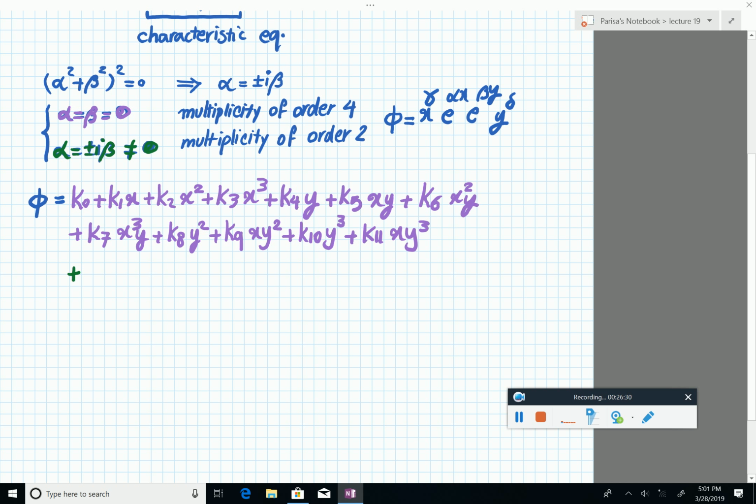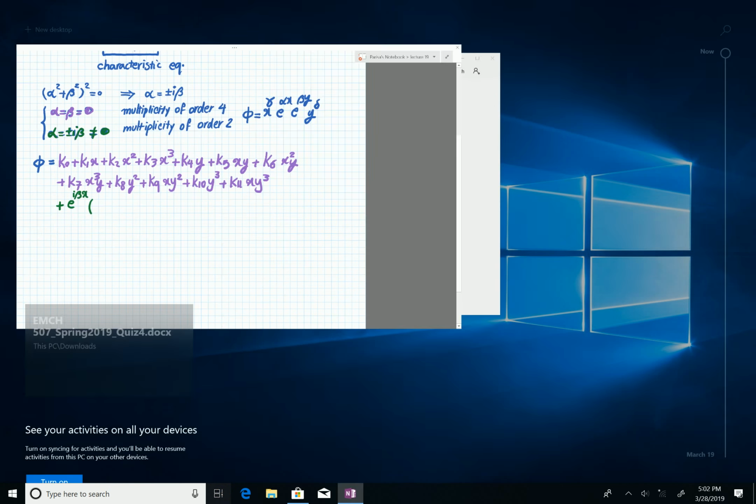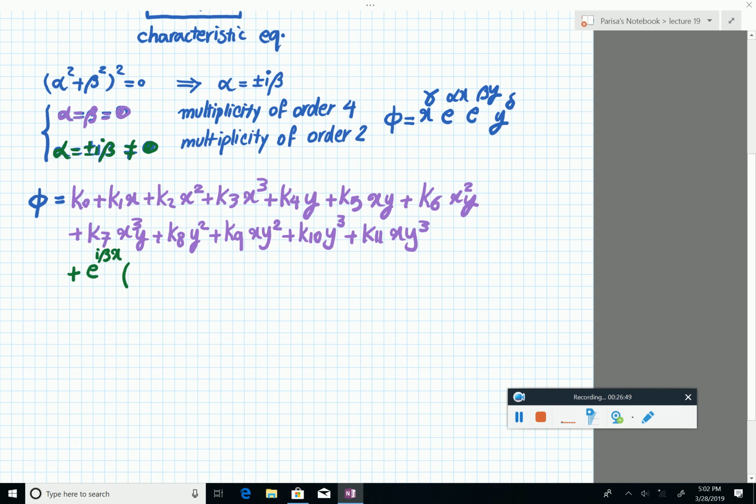So now this is coming from these solutions, e to the i beta x, and now we have some other constants. So c1 e beta y, c2 e minus beta y.